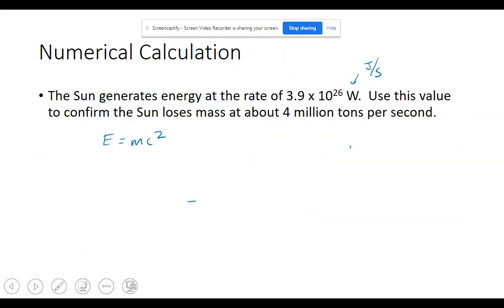Because it wants the 4 million tons per second, we can use the 3.9 times 10 to the 26 as joules instead of watts. So you put 3.9 times 10 to the 26 joules in for your energy. We are looking for m, and you have 3 times 10 to the 8, squared, on the other side of the equation.